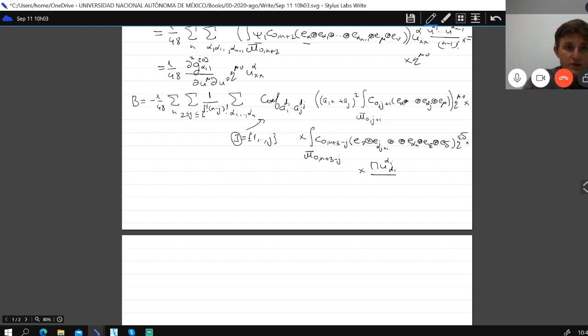Then you see that the sum splits into the product of two independent expressions.